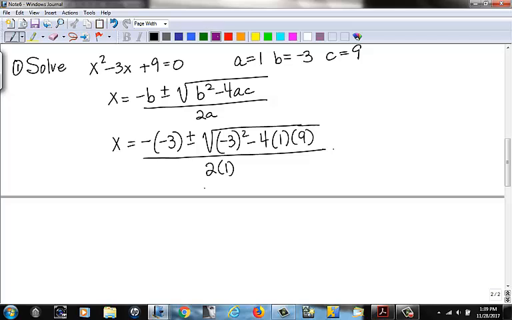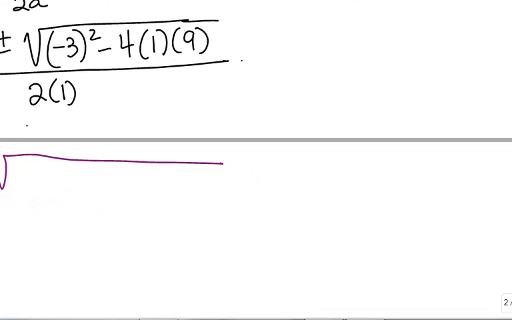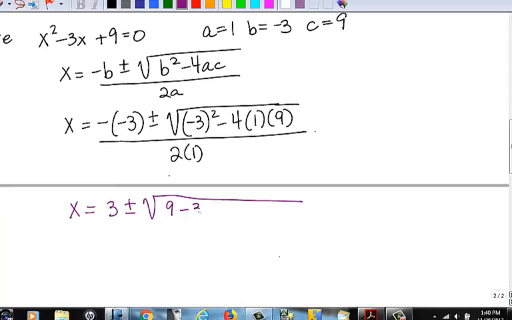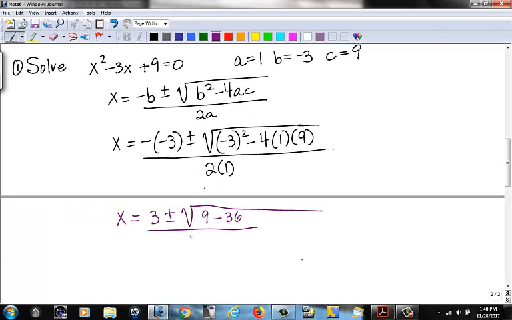So on this step, we'd have x equals the opposite of negative 3, which is 3, plus or minus. And if you use a calculator on that, remember negative 3 squared, you've got to put the parentheses on it. Negative 3 times negative 3 is 9, minus 36, all over 2.